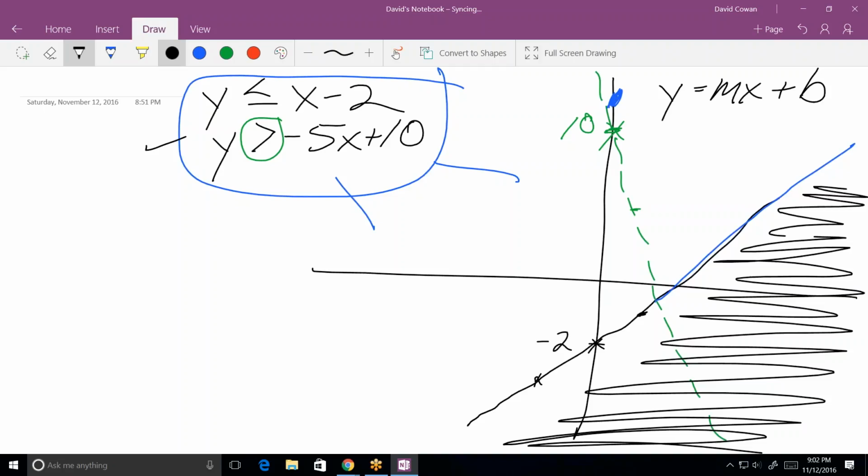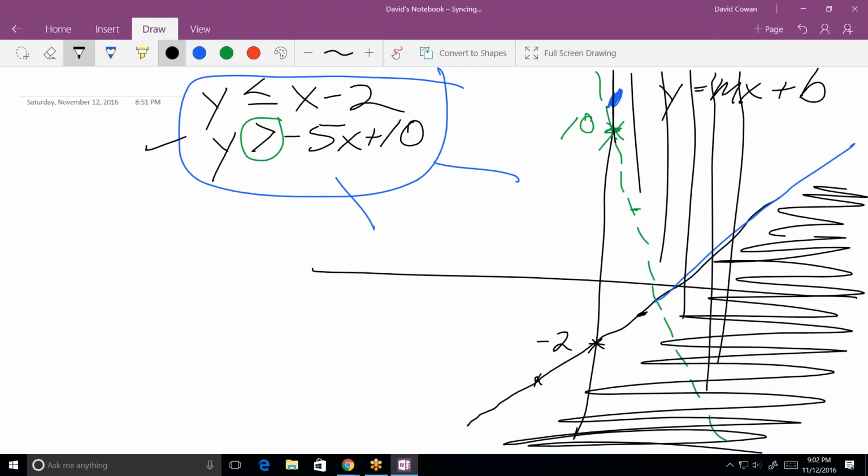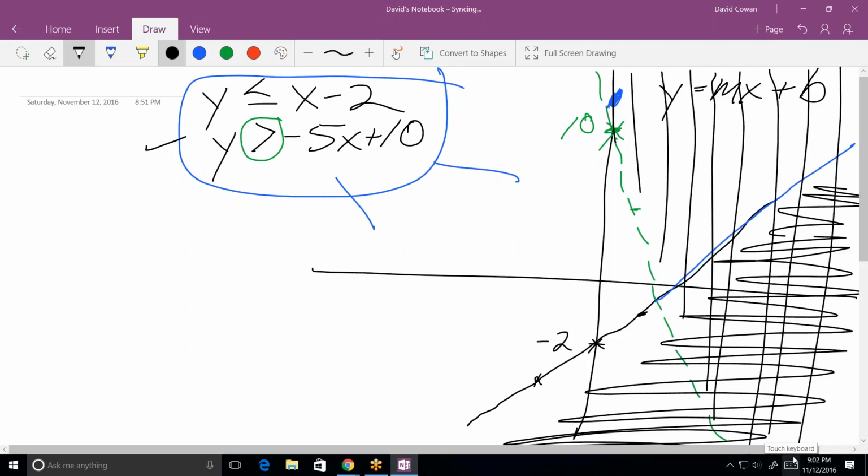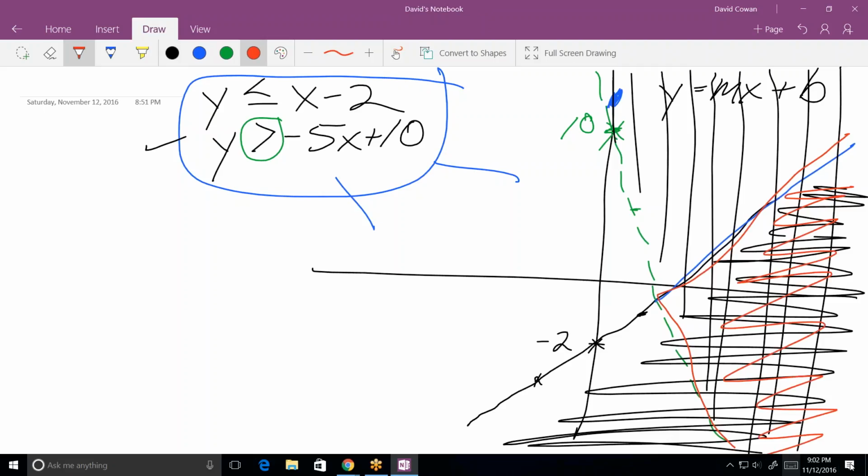And I know I'm above the green line, so my vertical stripes can only go above the green line. Well, where do I have both horizontal and vertical stripes? That area right there. Or I've just shaded red.